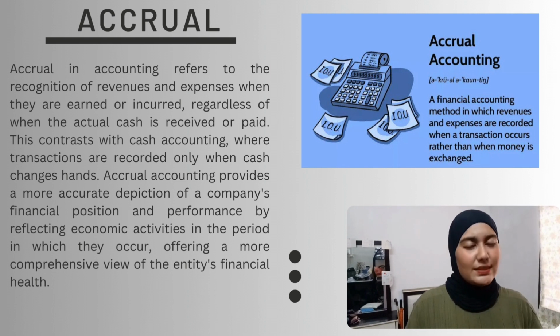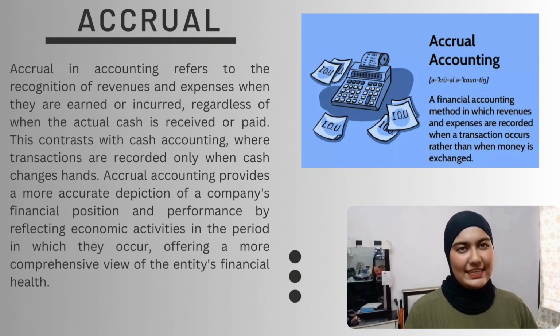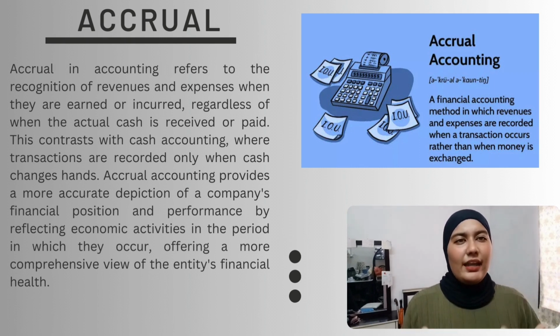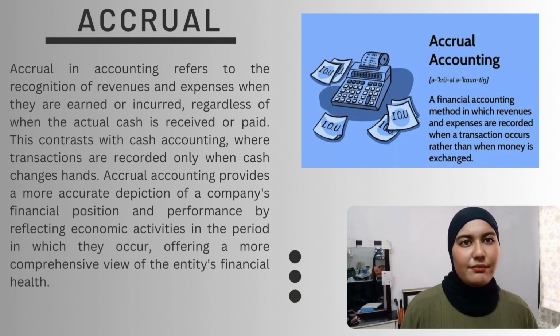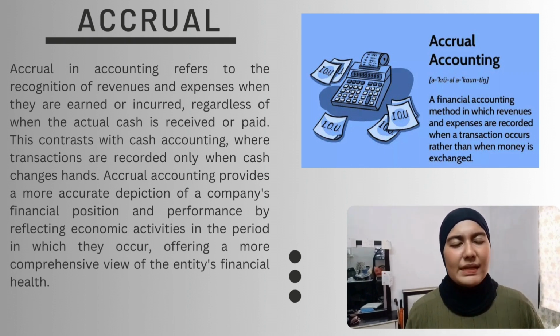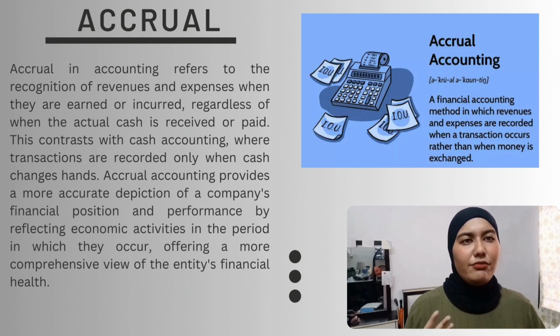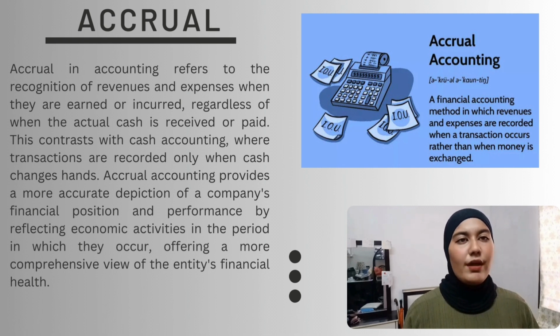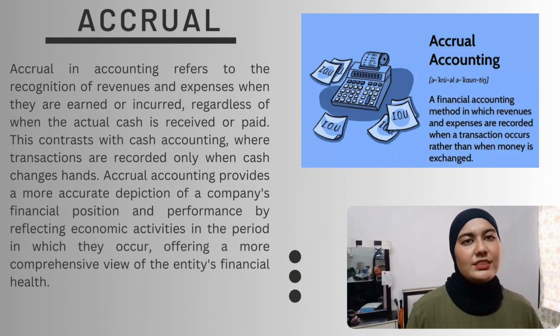So this is my last point, which is materiality. Materiality in accounting refers to the significance or importance of an item, transaction, or information in financial statements. An item is considered material if its omission or misstatement could influence the decisions of financial statement users.